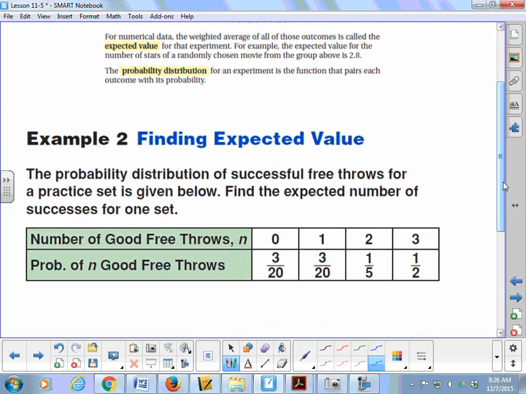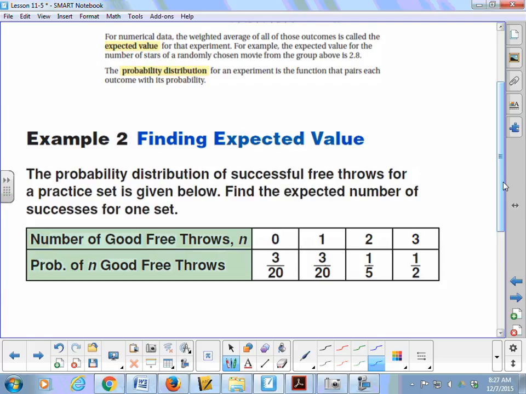So here we have a probability distribution for successful free throws for a practice set. Find the expected number of successes for one set. So this person went to the free throw line, shooting free throws. And 3 times out of 20, they made 0 free throws.